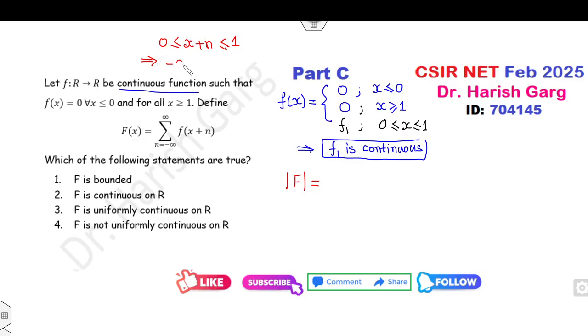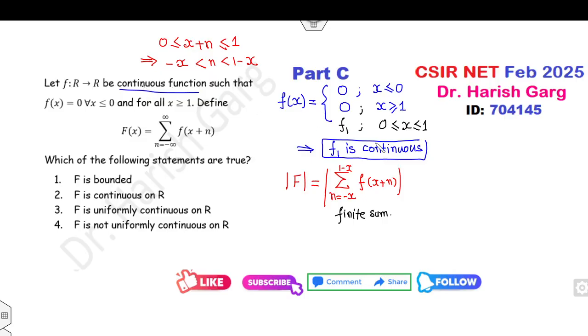It will be minus x less than n and less than 1 minus x. So that will be the summation for n from minus x to 1 minus x. So this is a finite sum.